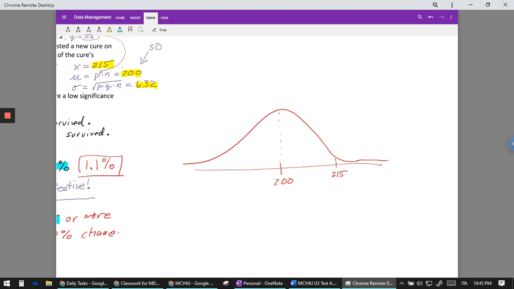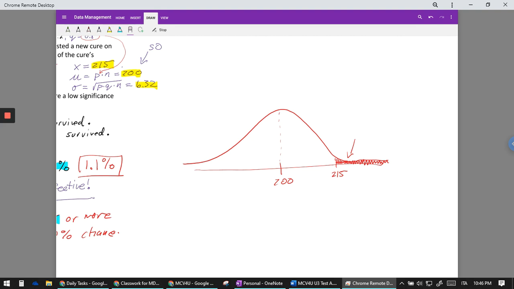And so as a result, what we're doing is we're looking for this slim chance over here that we got. Okay, so I wanted to figure out this smaller probability of 215 or more. I don't want to figure out the probability of 215 or less. I don't want to include what I was expecting to happen in my search. I want to sort of search for the improbable.